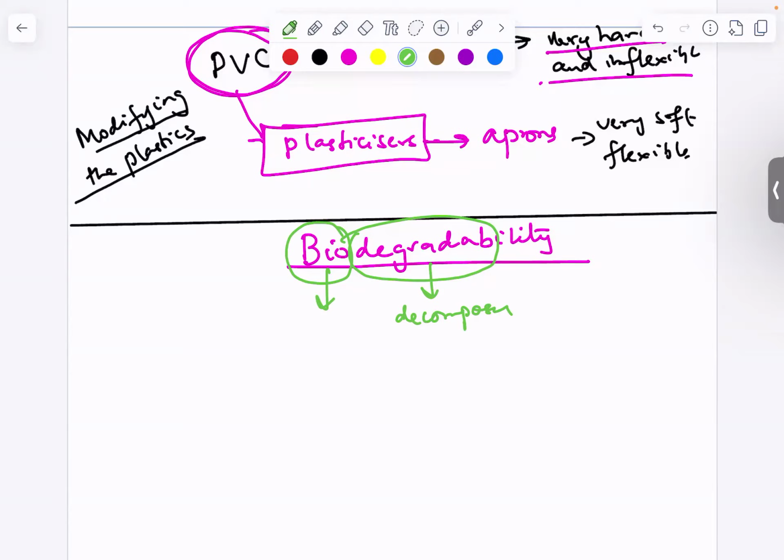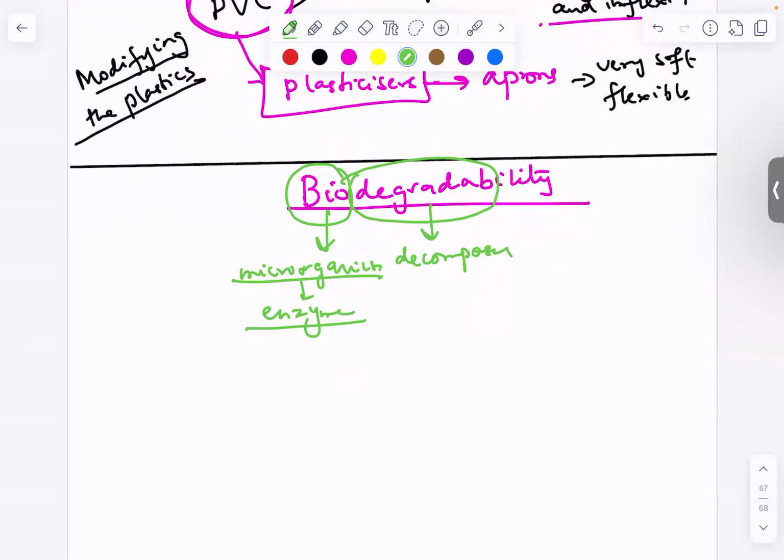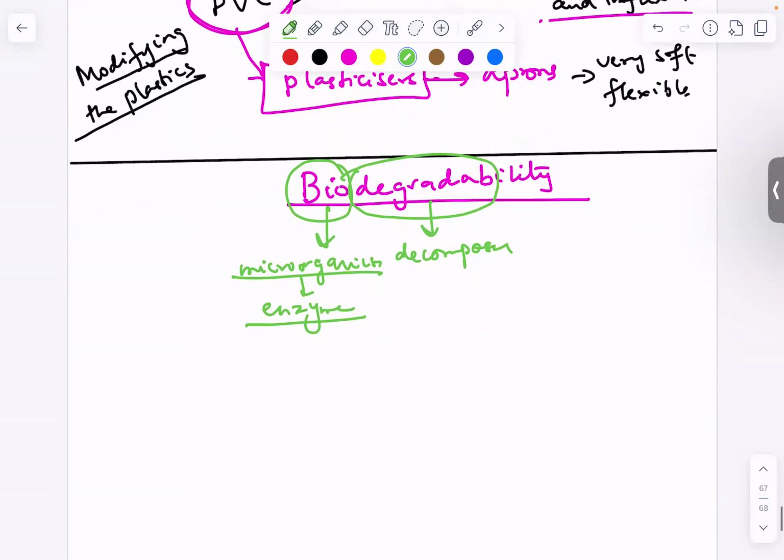But how can you biodegrade a polymer? Bio is actually a word which is used for microorganisms or enzymes. So basically, you use microorganisms or enzymes in order to decompose the polymer. So this is called biodegradability. All right.